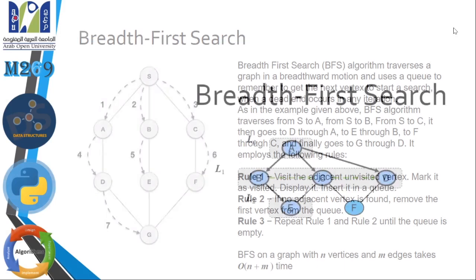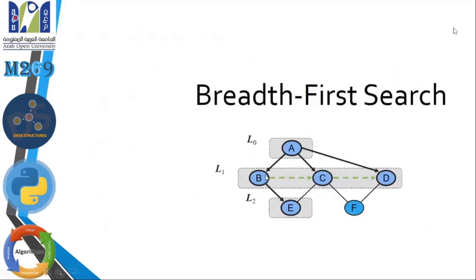So you can start from A, you can start from B, you can start from E, but if you selected one of the vertices, stick with it. You cannot change until you finish. So put in your mind what I'm saying now. That's why we might have several solutions.